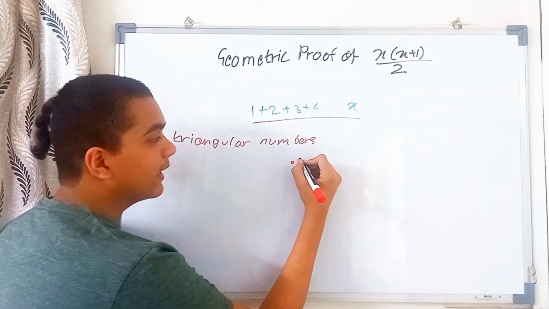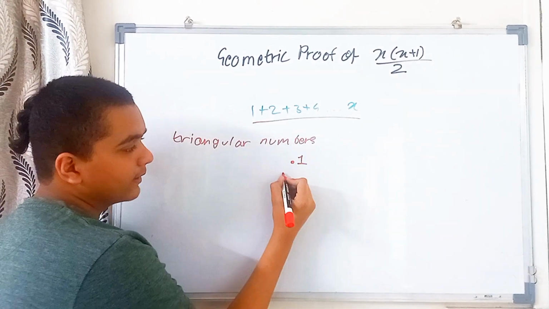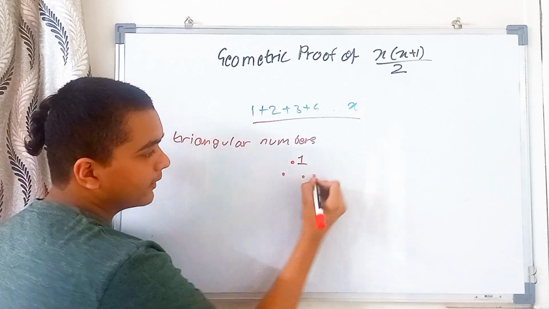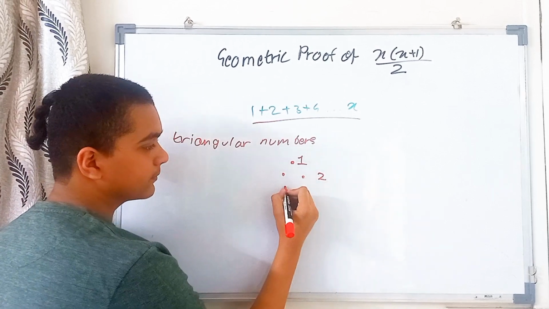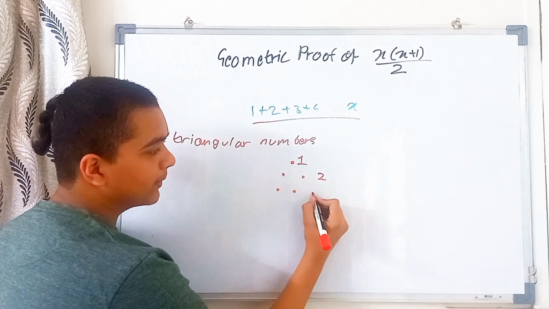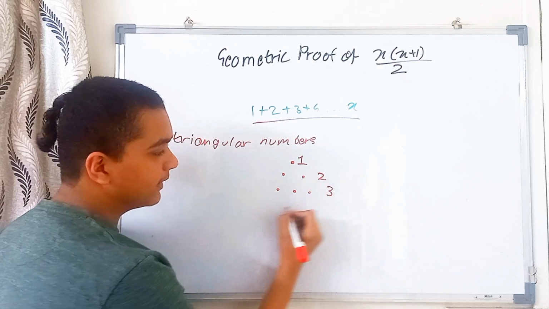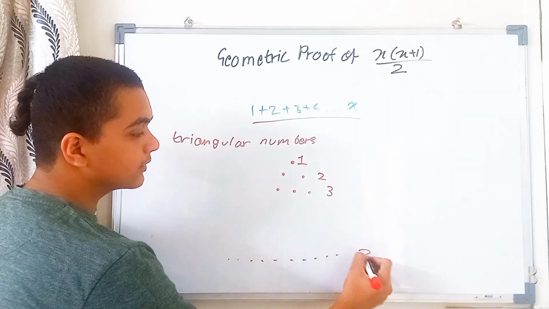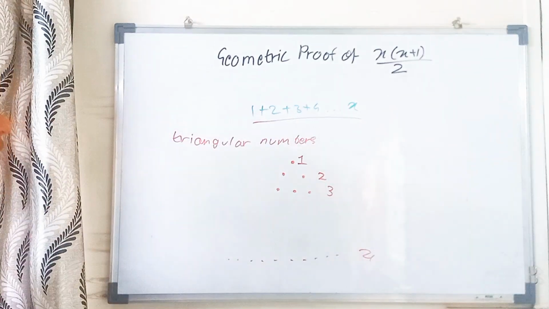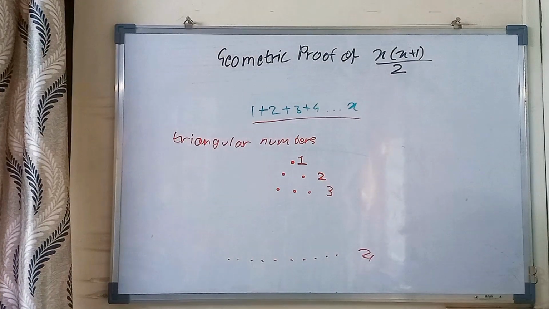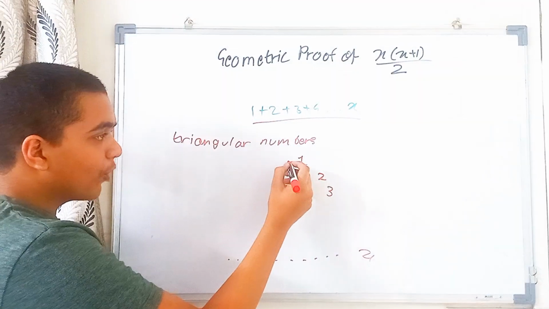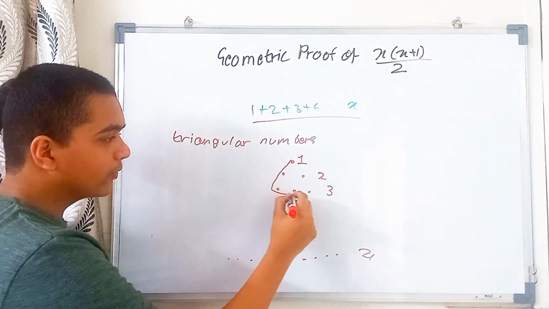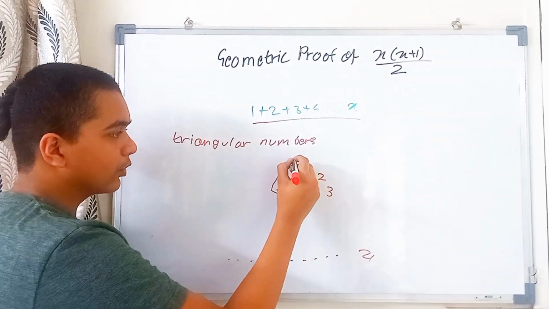This is a dot, it represents 1. There are 2 dots below it, it represents 2. There are 3 dots below it, represents 3, and so on until x. Let's assume this is x. Don't take the value.